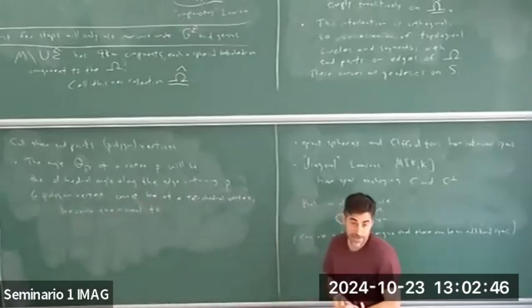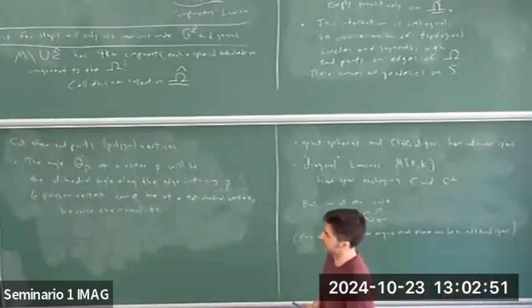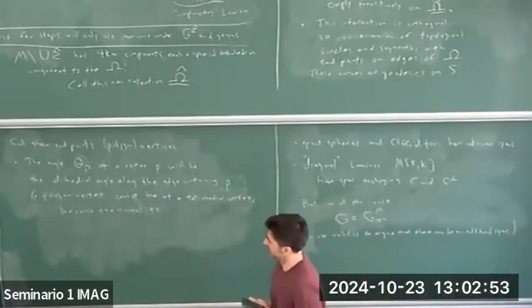Yeah, so S has to miss the vertices of the tetrahedron because of the orthogonality. The normal has to point along the edge.